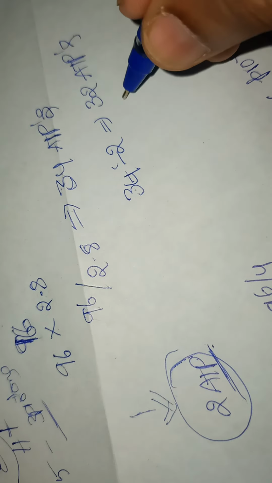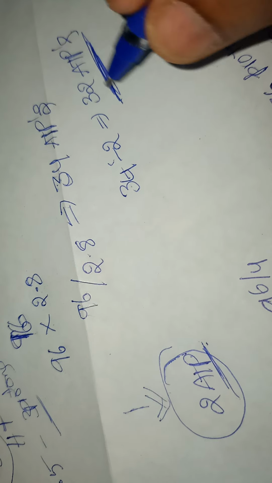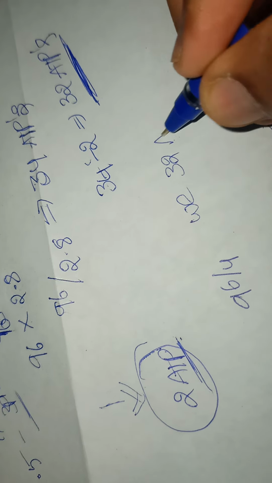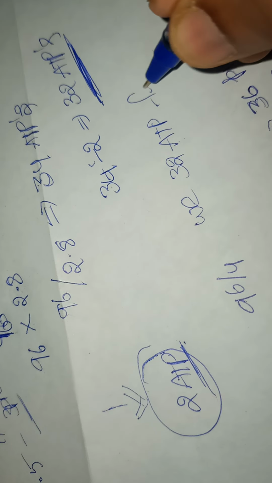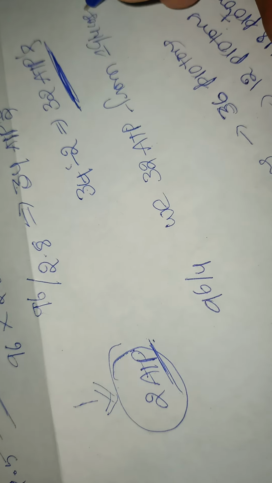So the net ATP number is 32. We can get 32 ATPs totally from one single glucose molecule.